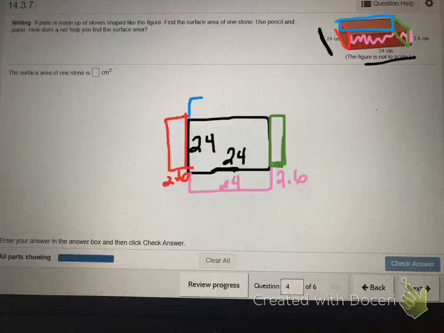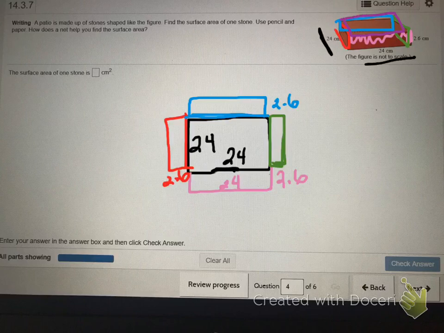So I'm going to draw that here, 24 here, and 2.6 here. And then the last part that I need to draw is the top base. I can draw it either here or here, so I'm going to draw it up top since I have more room there.